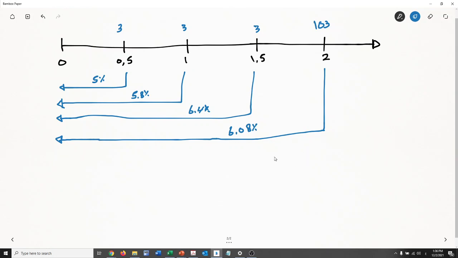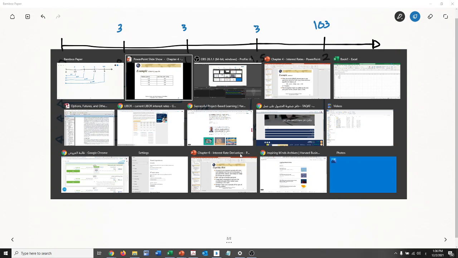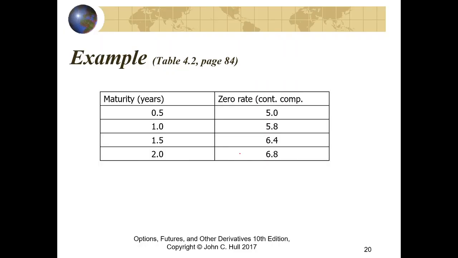Now, remember, we calculated the zero rates using the continuously compounded formula to find the future value or present value. So the nature of the rate that we got is continuously compounded.